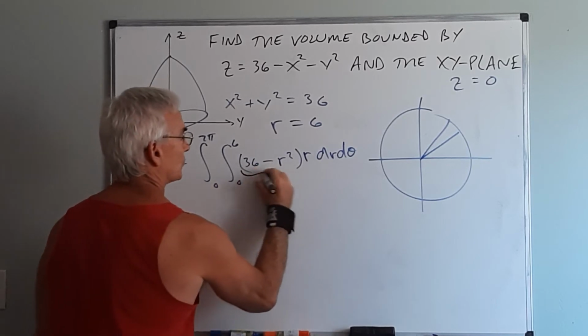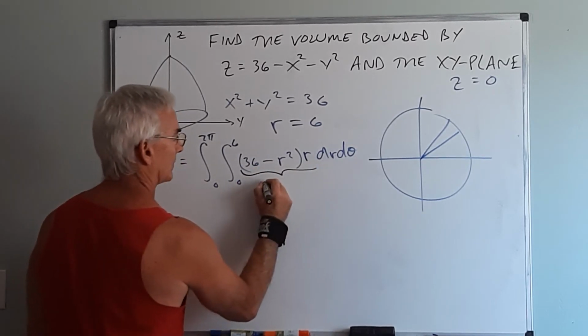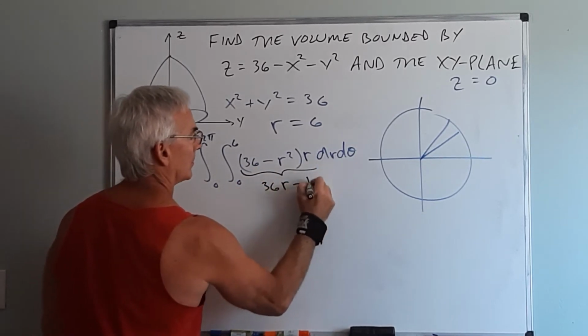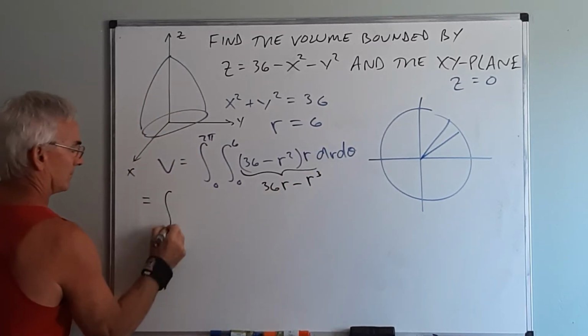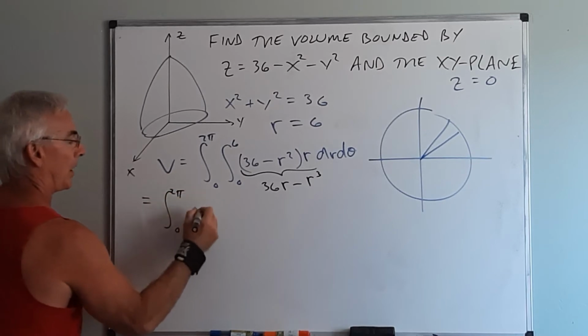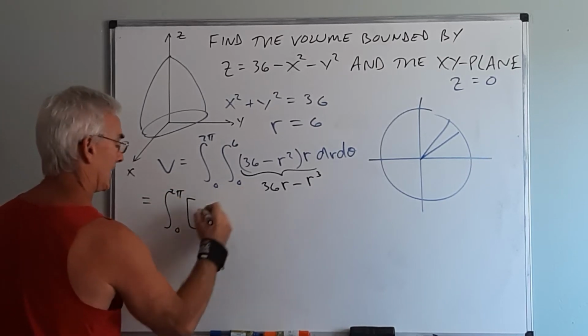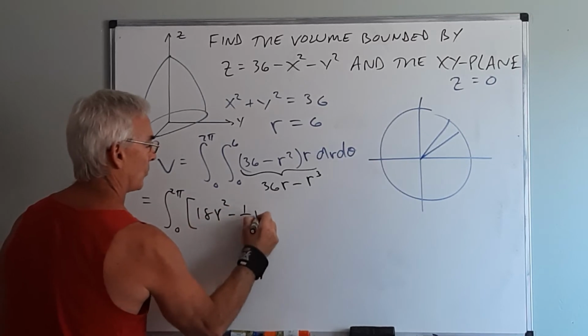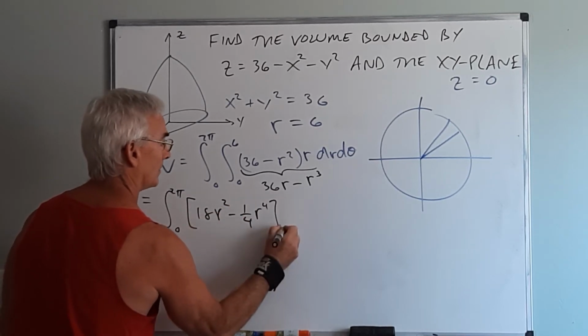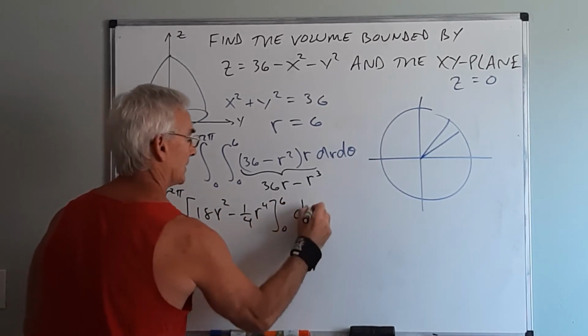So when I distribute this quantity right here, I'll get 36r minus r cubed. So now when I integrate this, I have 0 to 2 pi, I will have 18r squared minus 1/4 r to the 4th from 0 to 6 d theta.